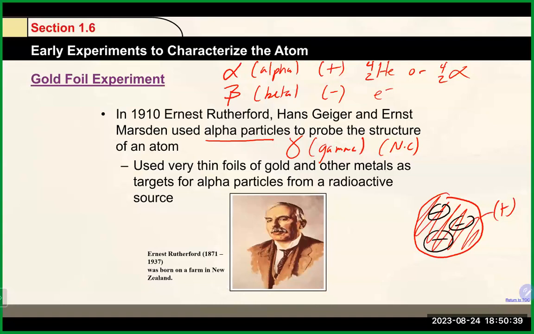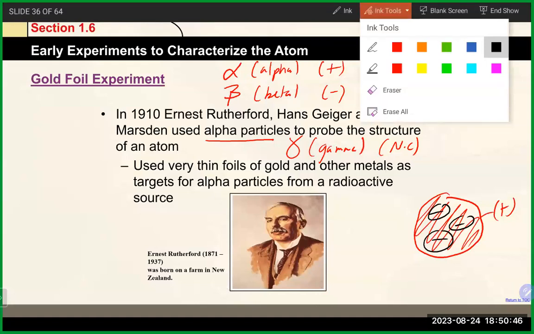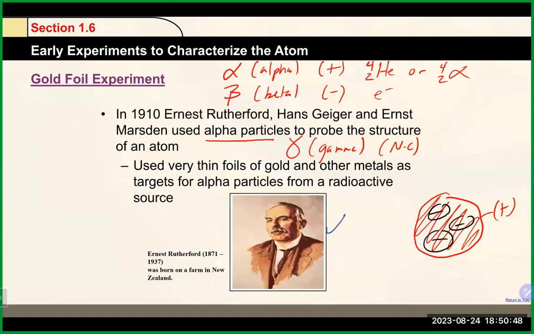He was going to shoot some alpha particles at it, and I'll go with blue, which again are positively charged. So what he expected to happen was, if I were to shoot these positive particles at this atom that is basically positive charge all spread out.